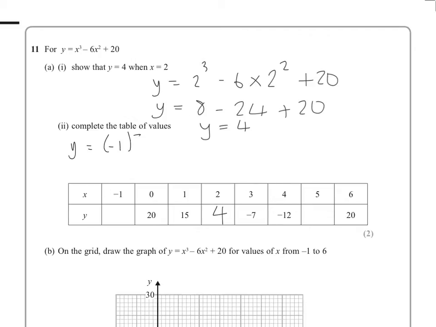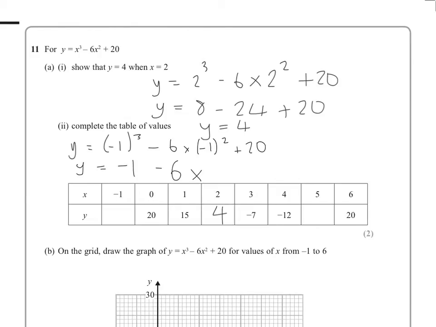Minus 1 cubed minus 6 times minus 1 squared plus 20. y equals minus 1 times minus 1 times minus 1. That's going to be minus 1. Then I've got minus 6 times minus 1 squared, so that's minus 1 times minus 1.